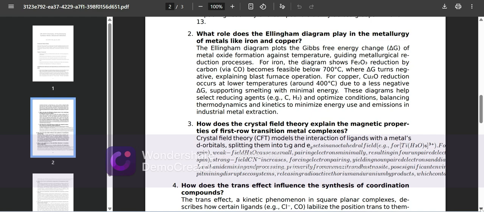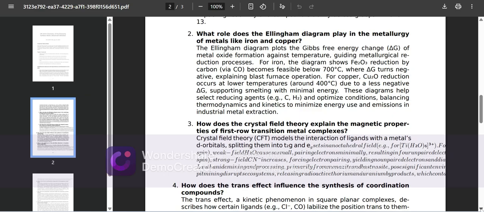For iron, the diagram shows Fe2O3 reduction by carbon via carbon monoxide becomes feasible below 700 degrees Celsius, where delta G turns negative, explaining blast furnace operation.